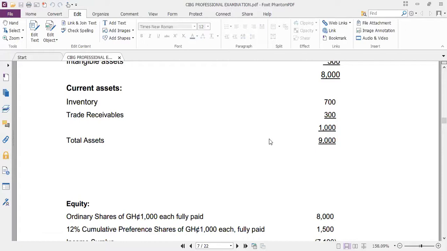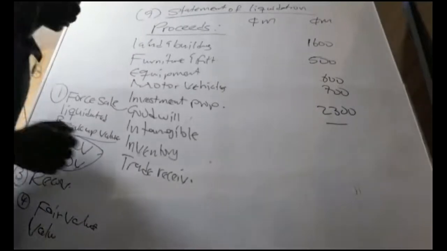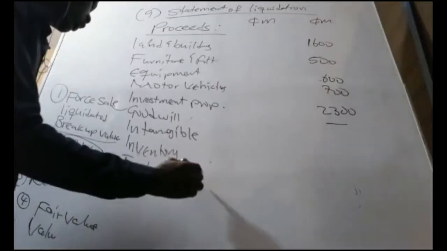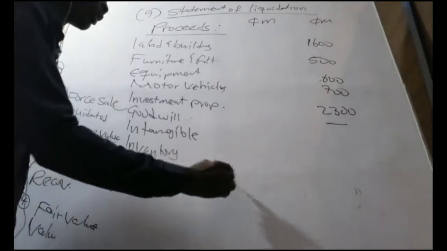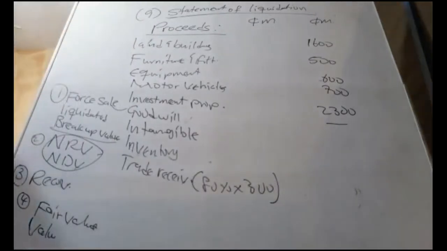Good. So 80% of 300, that's 240. So that one is trade receivable, so I'll do it here: 80% times 300. Then you push the answer there. I'll write the answer. Good. Then what do you do?